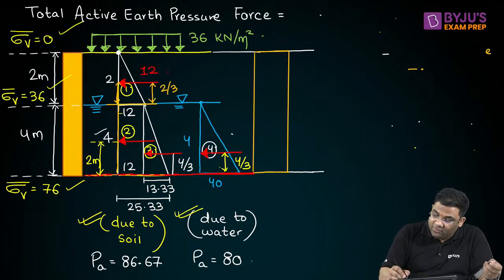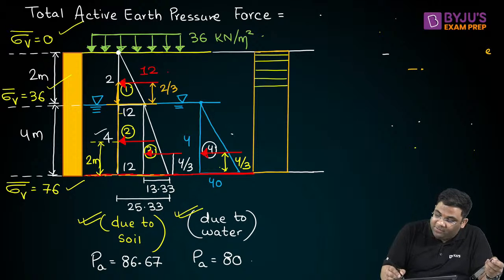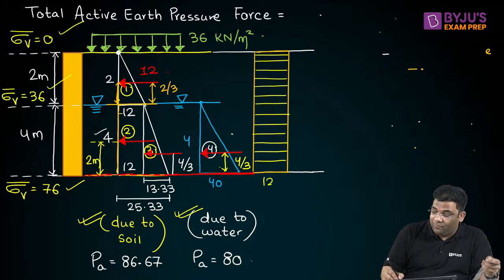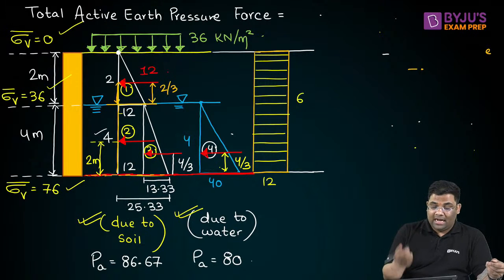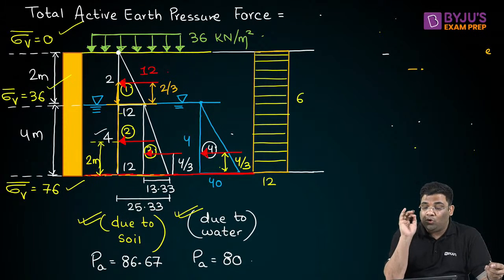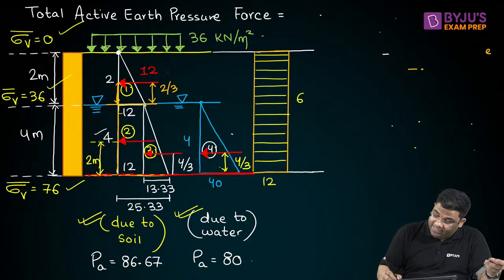So this uniform distribution, what will be this value everywhere? Simply Ka into Q. Q is 36, Ka is 1 by 3, so it will be 12. Now this height is 6, so 12 into 6 will be 72.